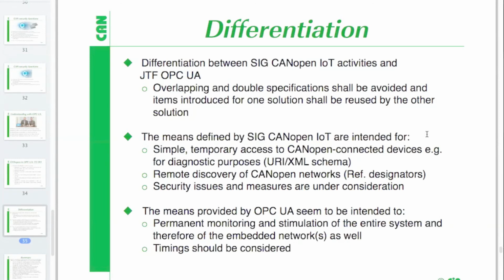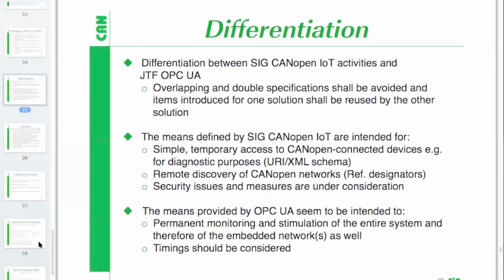There are certain features available there, like system-wide designators for IoT, and OPC has its own flavors, which we are not including in CANopen IoT and vice versa. So we keep this completely separated activities, and let's see what we're going on with OPC so far. But CANopen IoT is ready to use. You're welcome to look into this.